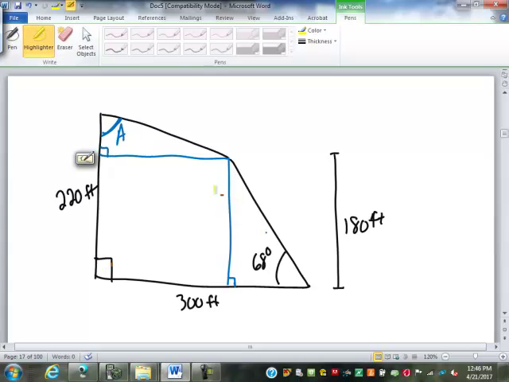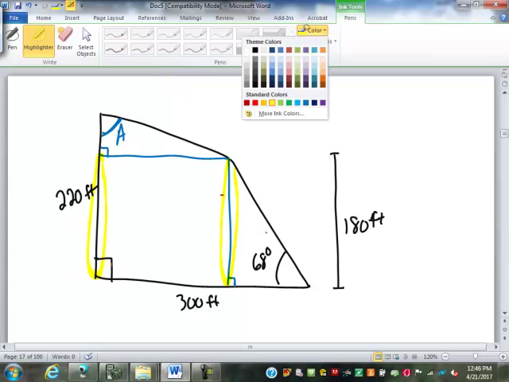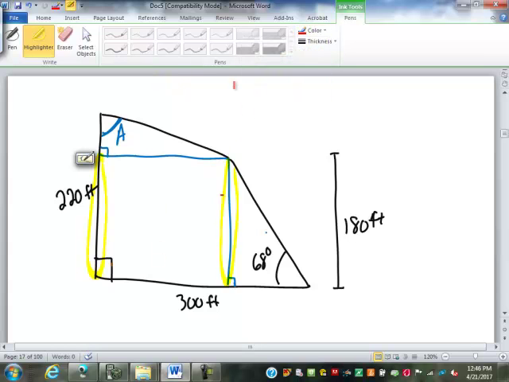Because once I know one side of a rectangle, I know the other side, right? Same with the top and bottom. So I know that this side of this rectangle is 180 feet. So that means this piece here is 180 feet, which means this piece here is 40 feet, 200 minus 180. So I've already got a side to that right triangle too.